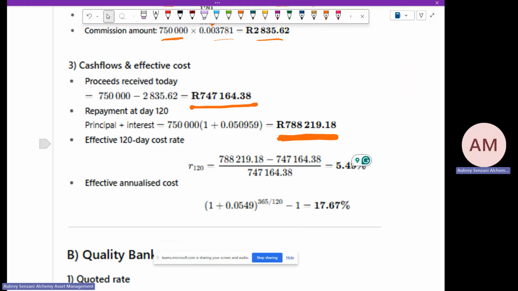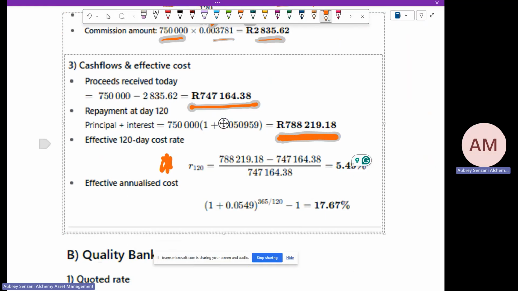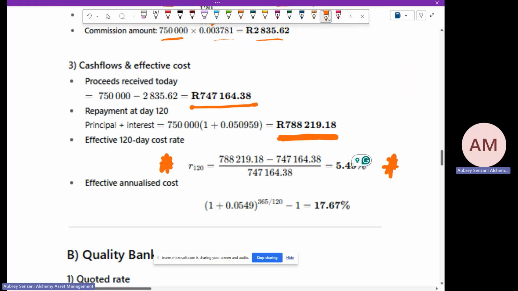Okay, so now that we've got that, can you see what we're doing here? Now we're calculating the interest that we're actually paying on this loan. We didn't use 750. Can you see that? We used the 747, which is the amount after the commission, right?